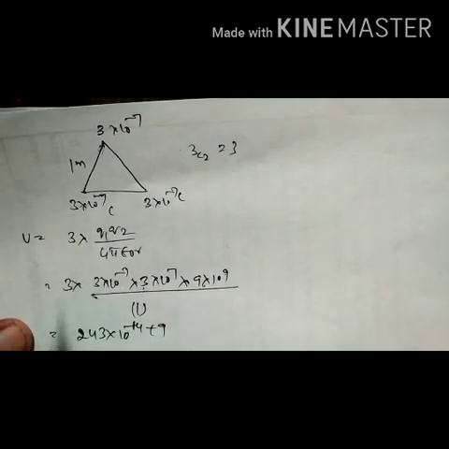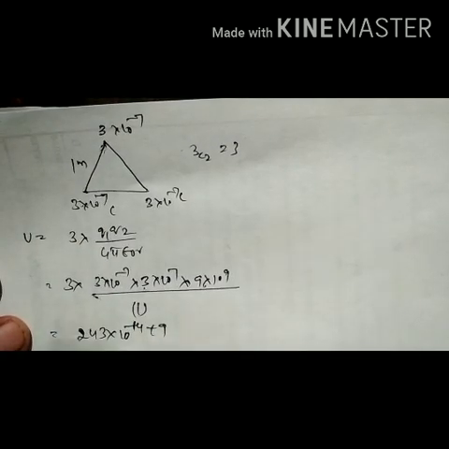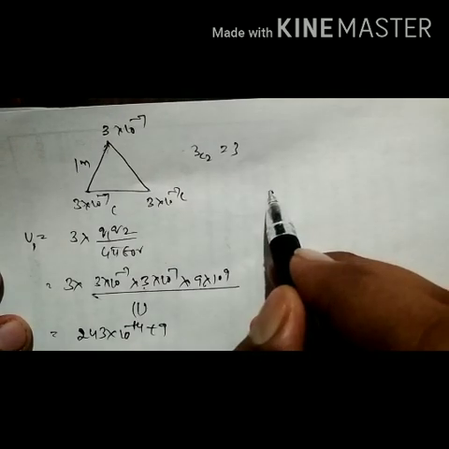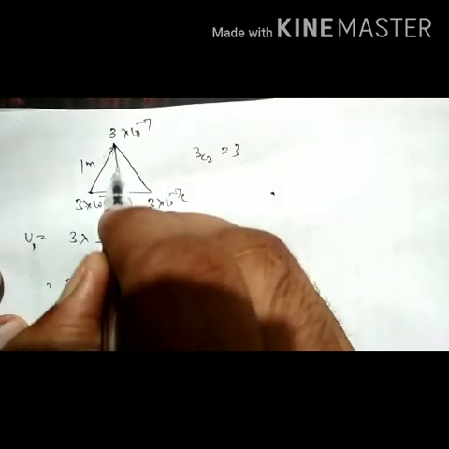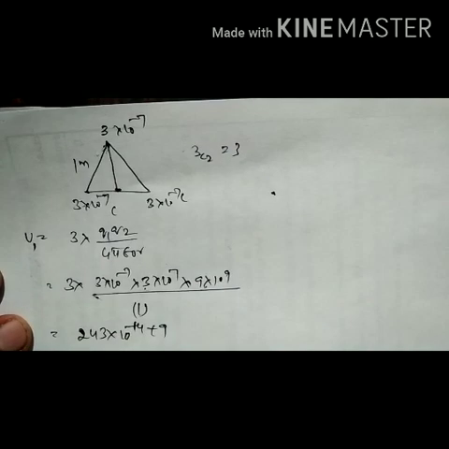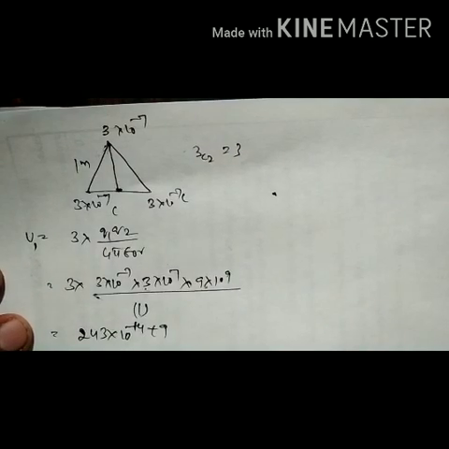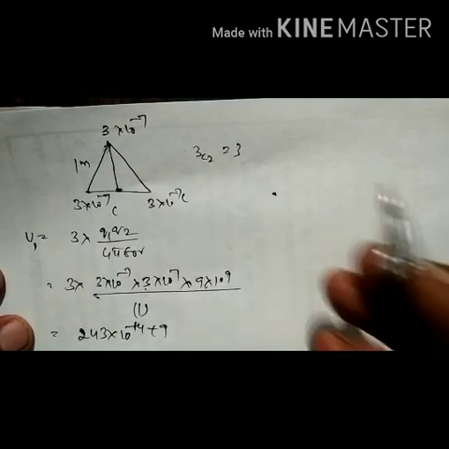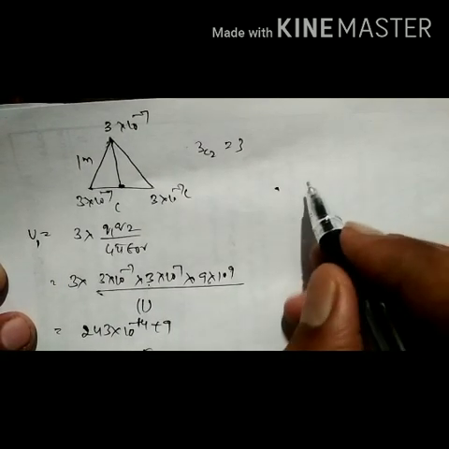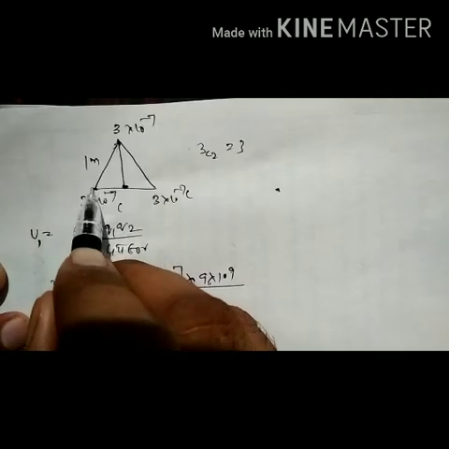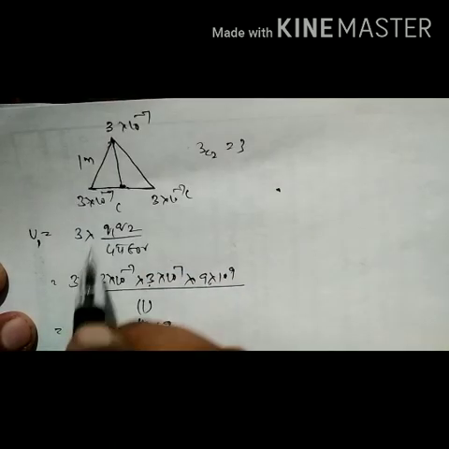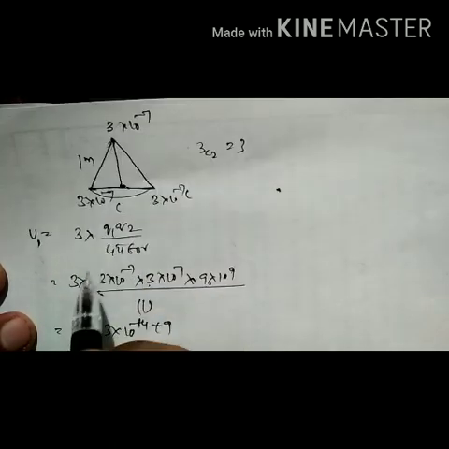Suppose I take the same thing, and this is the initial potential energy of the system. If I move the third charge to the midpoint of this side, what is the change in potential energy, or what is the final potential energy? How many pairs will you get? 2 pairs at a distance of half a meter, and a third pair at a distance of 1 meter.